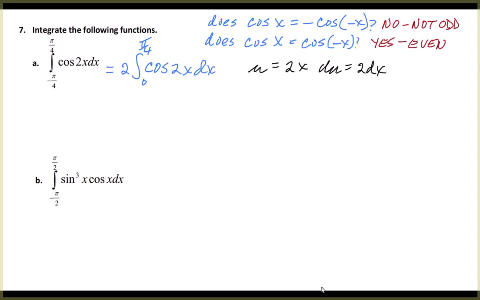This is cosine of 2x. So U is 2x. Du is 2dx. What's the cosine of it? Well, let's take a look at it like this. So I've got this. I just rewrote it.